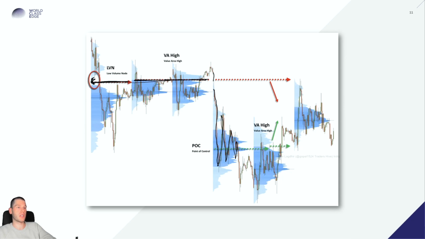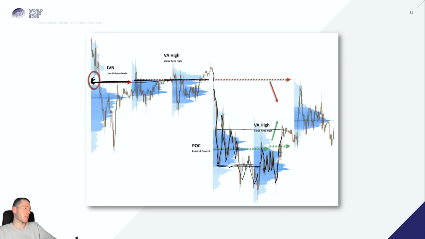Then it tried to continue with price discovery, but this price discovery failed, and we stepped back into the previous day's value area, got some reaction at the POC, went to the value area low, and then accepted the value area before we tried another price discovery and then traded through the previous day's value area.